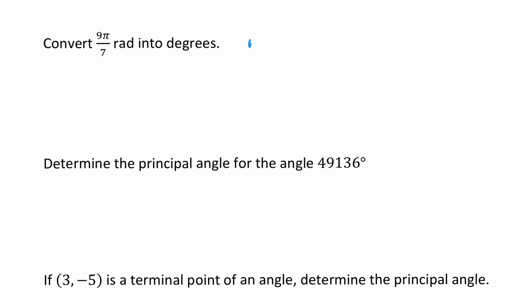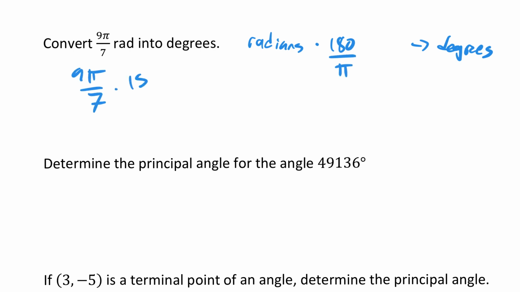So here, if we want to go from radians to degrees, we multiply by the opposite. We multiply by 180 and divide by pi. So you go 9 pi over 7, multiply by 180 and divide by pi. Again, you can just type this all in your calculator because it is a calculator question.